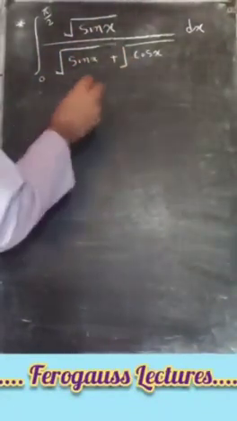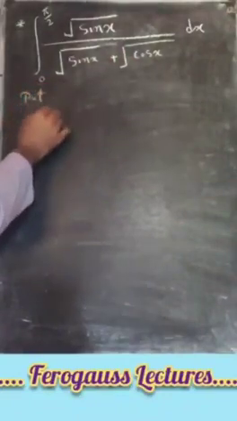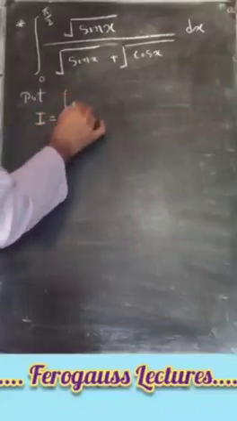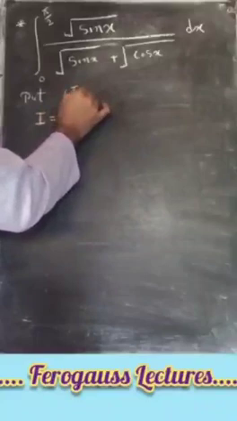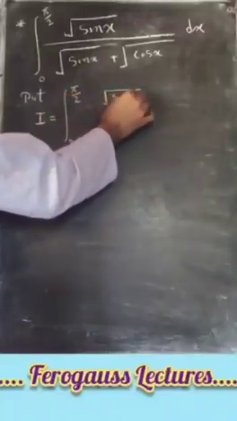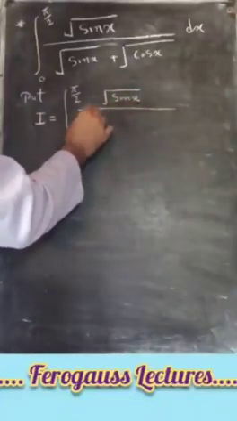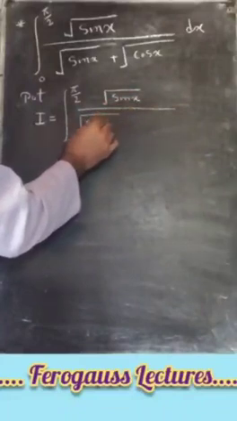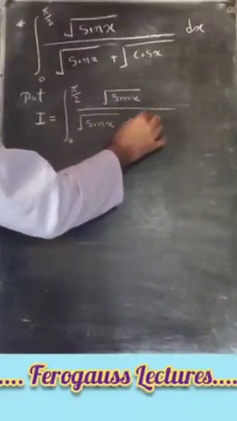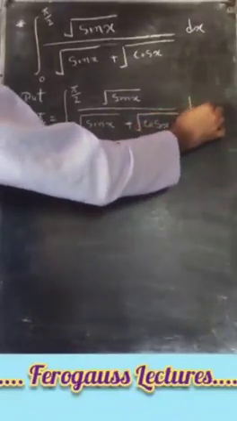Okay, now we put this equal to I, put I equal to integral 0 to pi by 2 square root of sine x divided by square root of sine x plus square root of cos x dx.